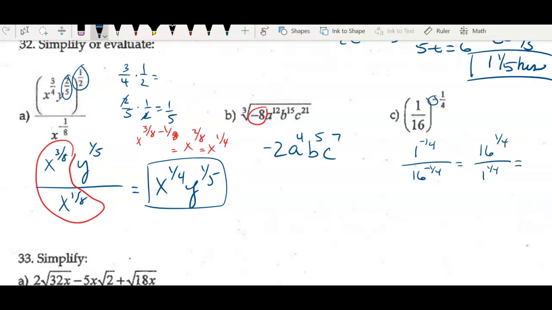There are so many different ways to look at this problem, but this one makes the most sense. 1/4 means the 4th root of 16 and the 4th root of 1. Well, what number multiplied by itself 4 times gives you 16? 2 over 1, and the answer is 2.